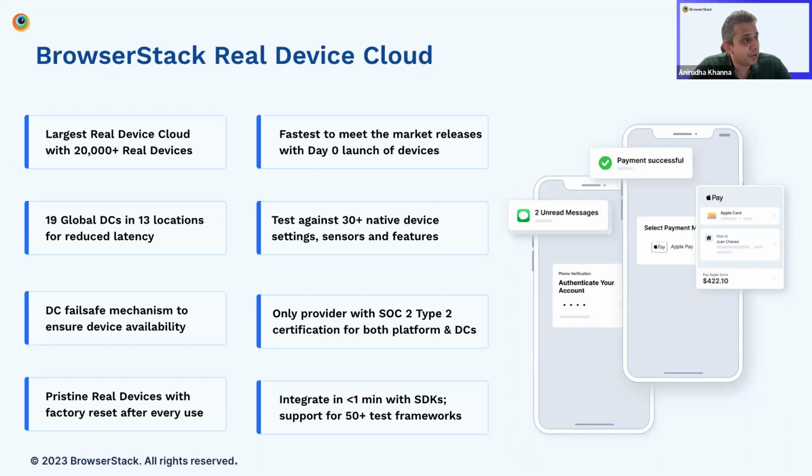One of the things that we started doing recently is being fastest to market with releases, what we call internally day zero launches. I think in the past 2 months itself, we've done 4 day zero launches. We launched iOS 17 and Android 14 on the day it was made GA. iPhone 15 and the Google Pixel 8 family were also released on the day they were released to the public and available for retail stores.